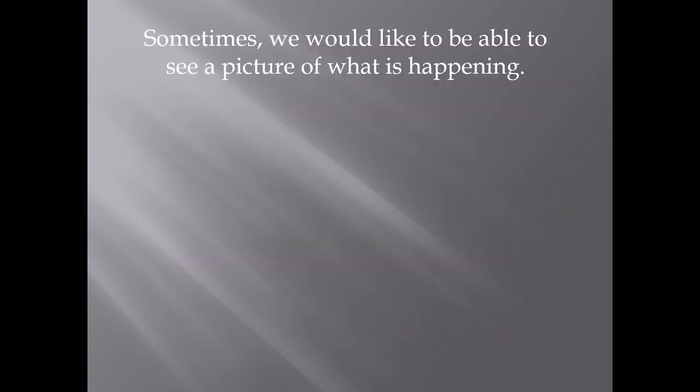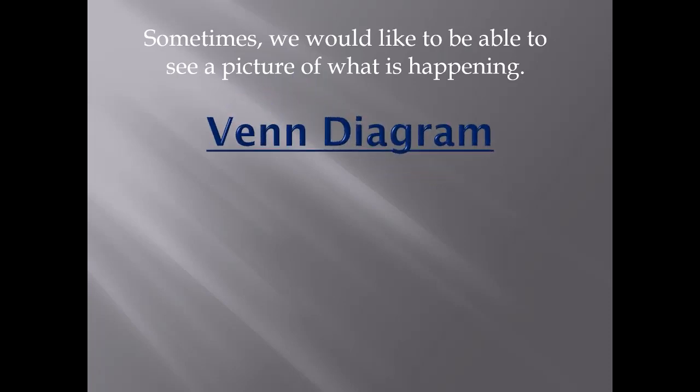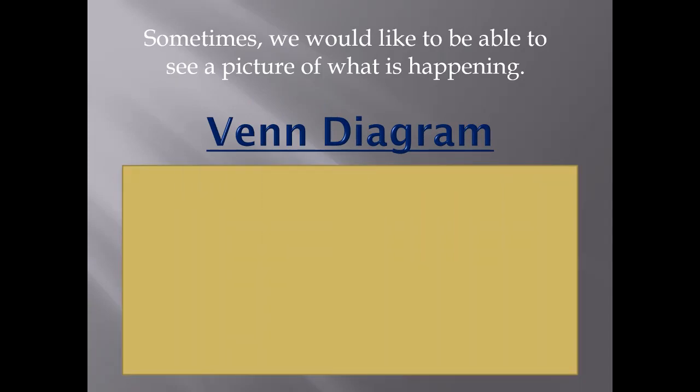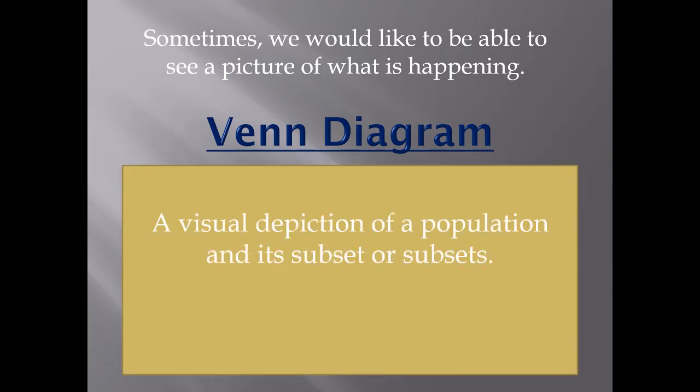So sometimes we'd like to be able to see a picture of what's happening. And in statistics, a lot of times that picture is called a Venn diagram. What a Venn diagram is, it's a visual depiction of a population and its subset or subsets. And it's not necessarily to scale. What that means is we'll have a figure drawn that represents a set.